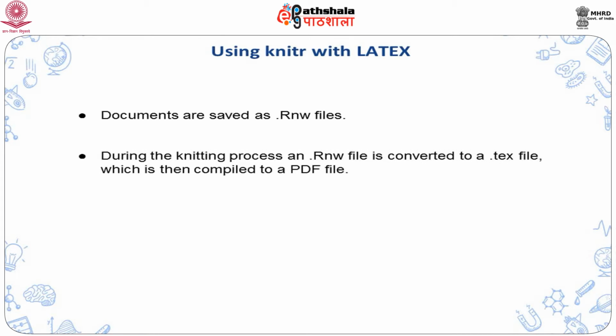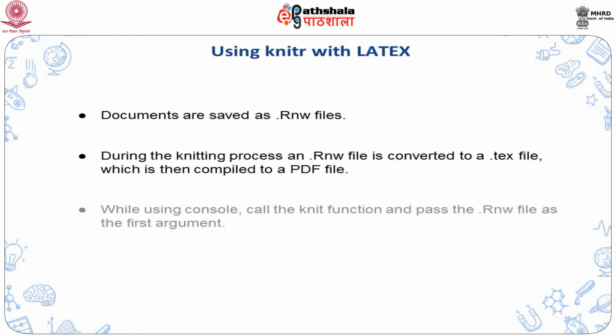Now, during the knitting process, an RNW file is converted to a text file, which is then compiled to a PDF file, because you might have known that in the case of LaTeX, we can always get a PDF file through a text file. So, basically the RNW file will be converted to a text file, and then it will compile a PDF.